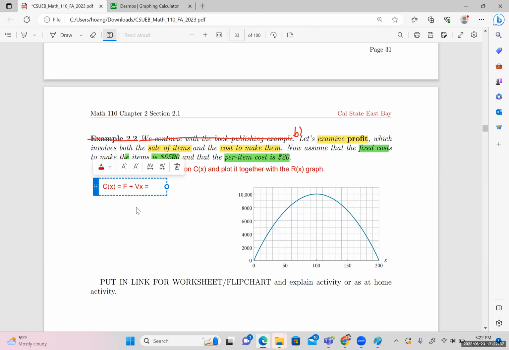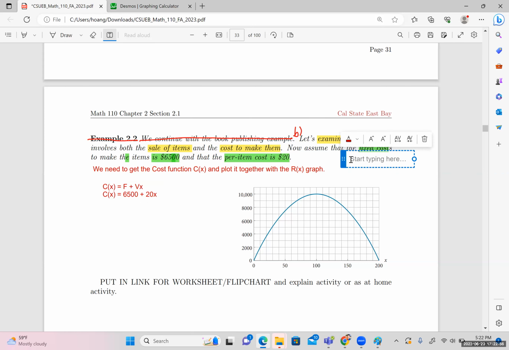We know that the fixed cost is 6,500, so C(x) equals 6,500 plus the variable cost, 20 times x. So note that F equals 6,500 and V equals 20.